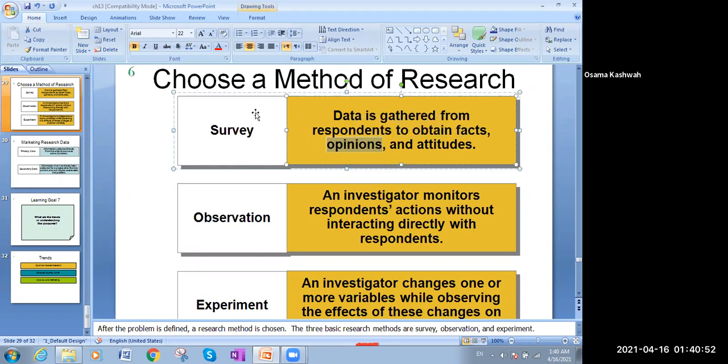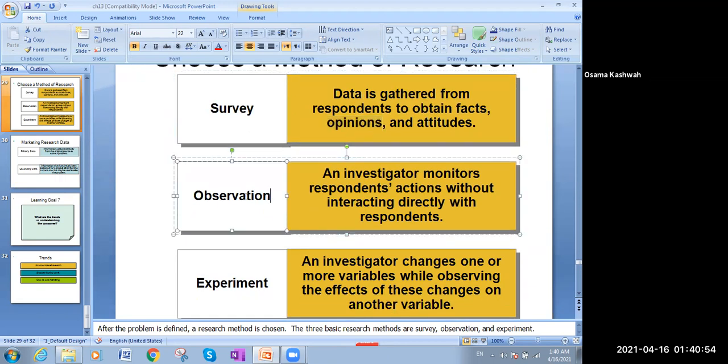The second method of research is observation. Here, the investigator monitors respondents' actions without interacting directly with the respondents. So from just the observation, I will check what's going on, and from there I will make the correction.